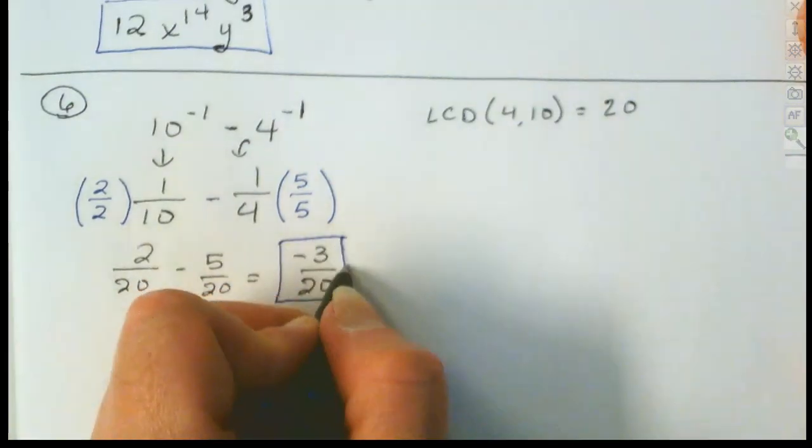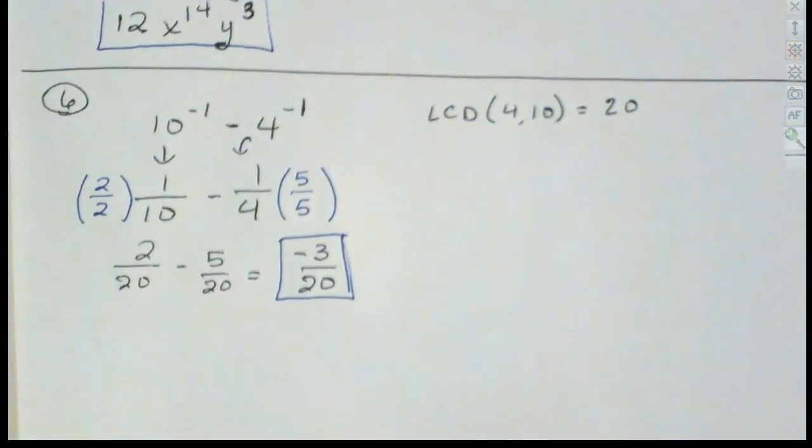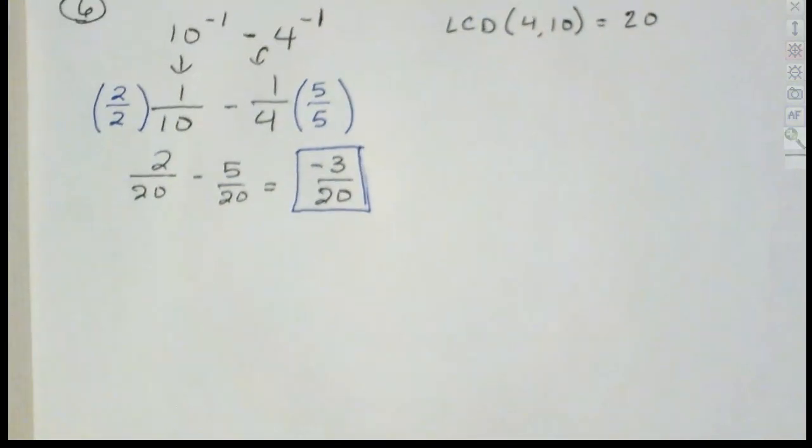So what did we have to do? Well, before we can subtract, remember, order of operations states that exponents must be done first. And anytime we have a negative exponent, what do we have to do? We have to rewrite it as a fraction. So we rewrote those as a fraction, and then we subtracted them.